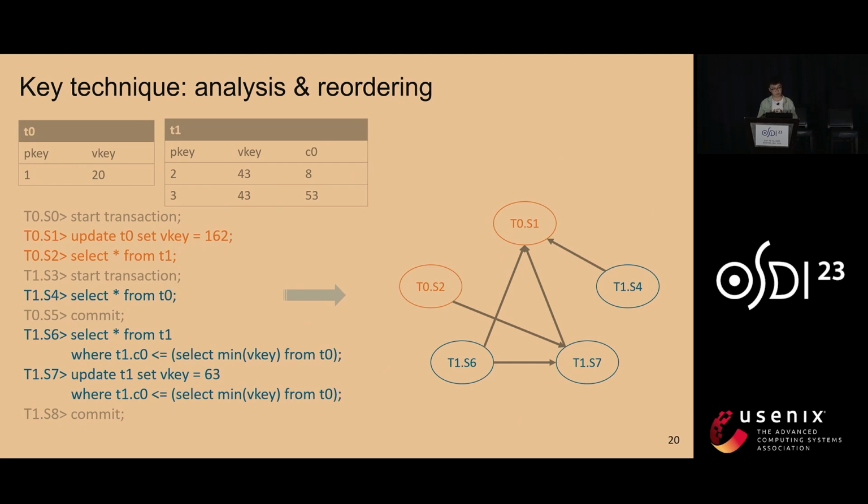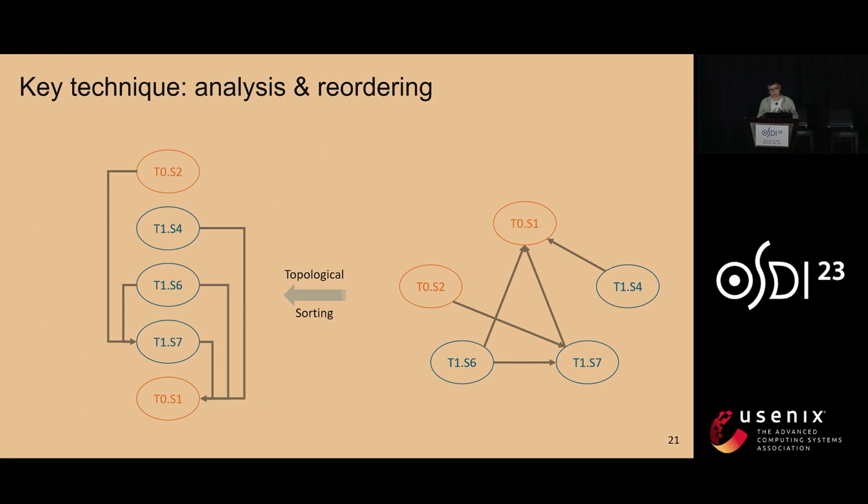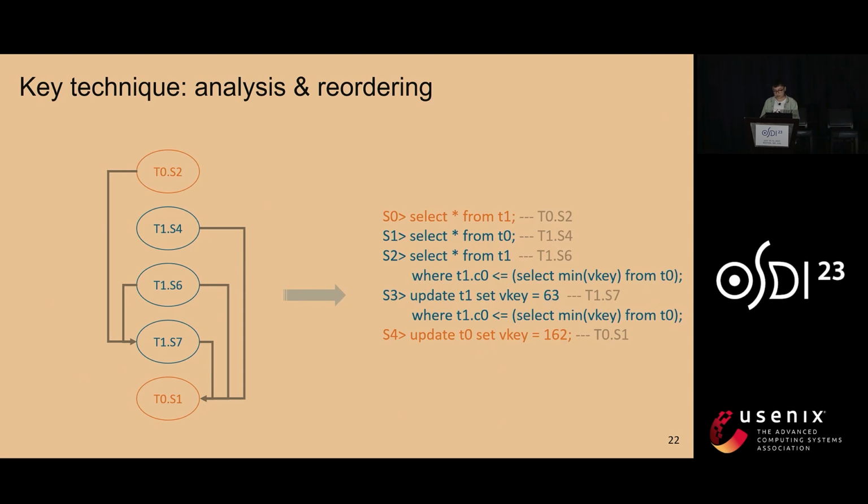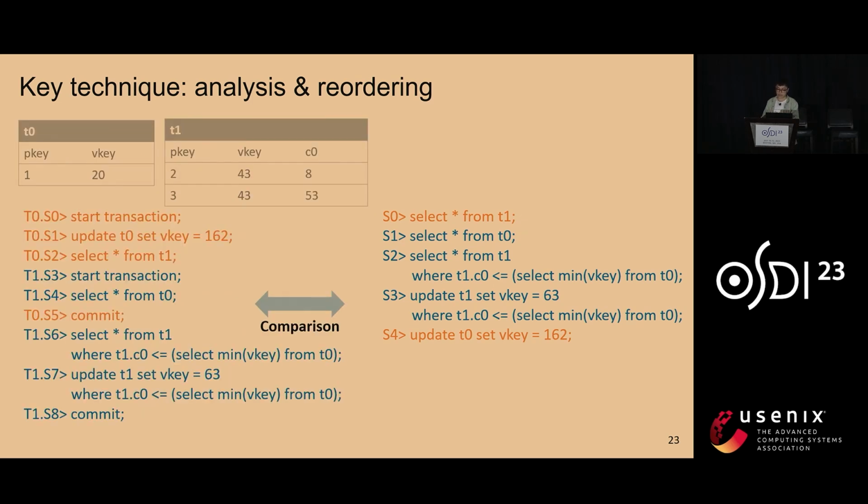It is a directed graph. Based on the graph, we topologically sort it and get a sequence. According to the sorted sequence, we can get the reordered test case. Finally, we compare the results of these 2 test cases and find that they produce different results. So there's a bug here.